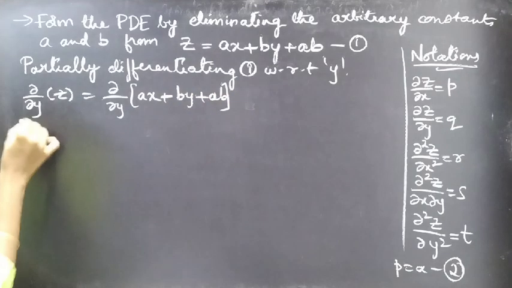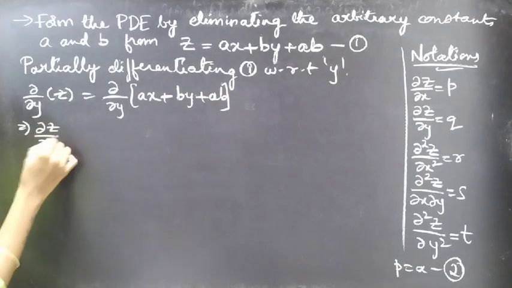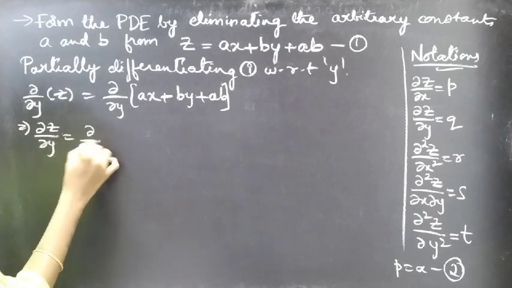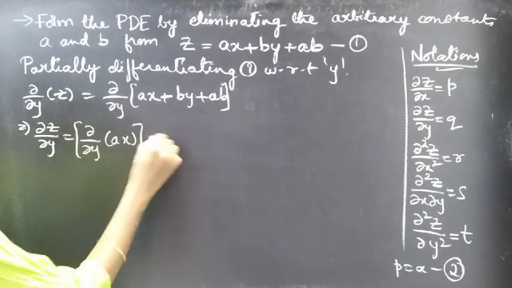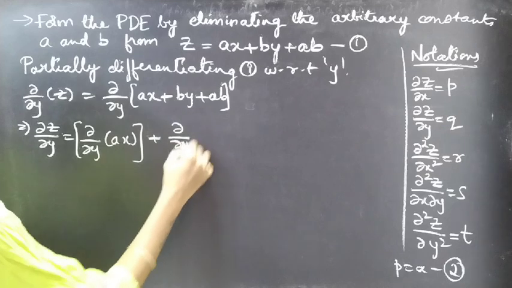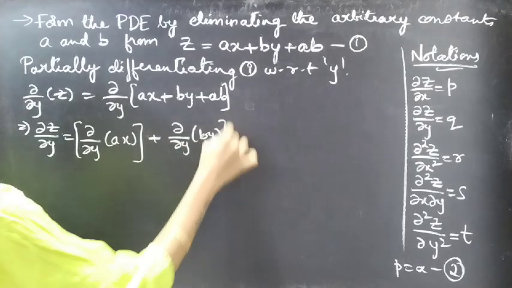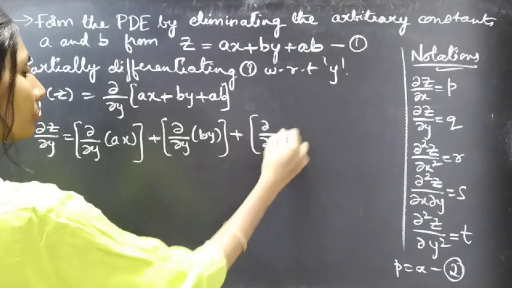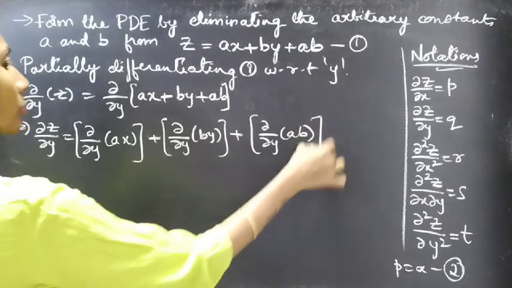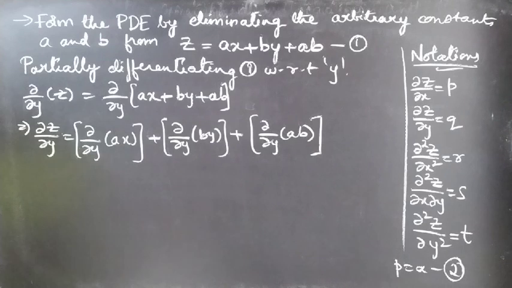This gives us dou z by dou y equal to dou by dou y of first term plus dou by dou y of second term plus dou by dou y of last term. Here we are doing partial derivative with respect to y, so we'll treat x as constant and z is a function of x and y.